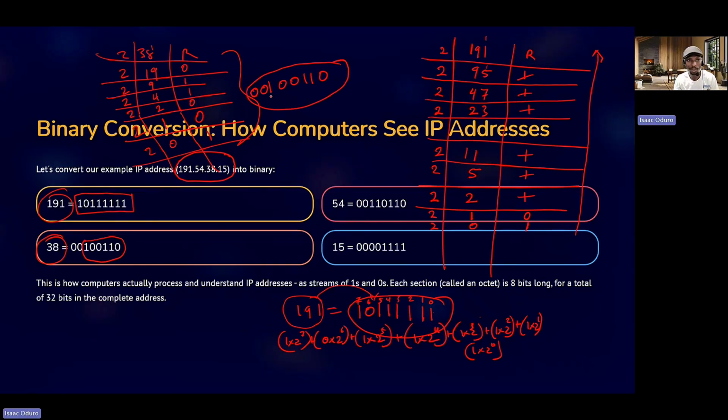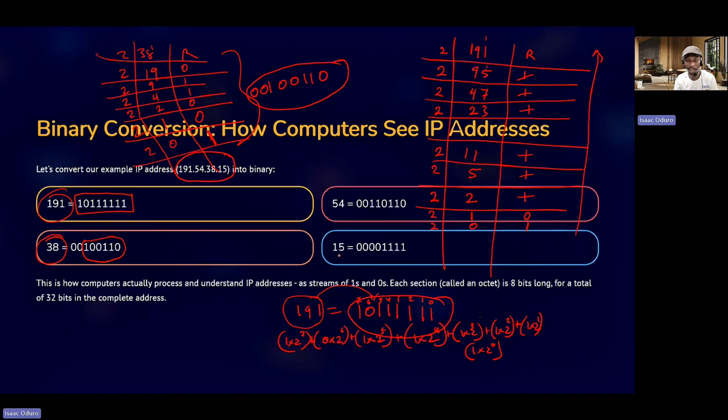So you will see that 38 converting into binary will give you 0, 0, and then 1 where we ended 38, and then 0, 0, then 1, 1, and then 0. So this is how we have converted the 38 also into binary.